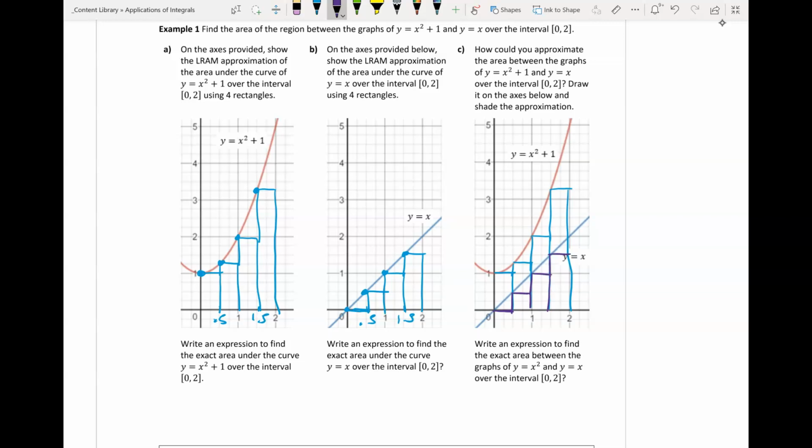So here I just combined A and B onto one graph. If we want to find the area between those two curves, then we're going to end up with just what's in between them.